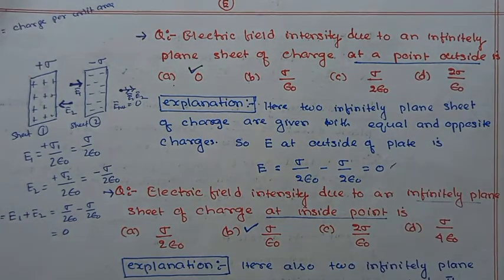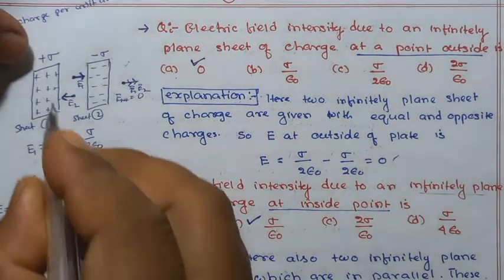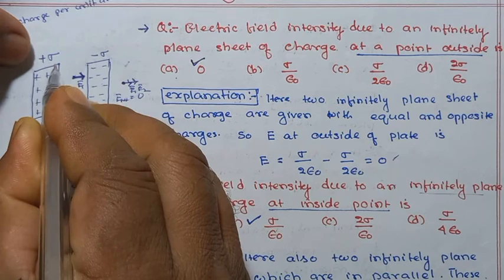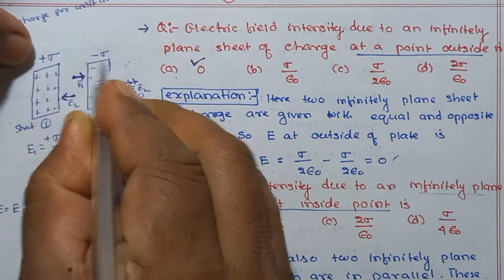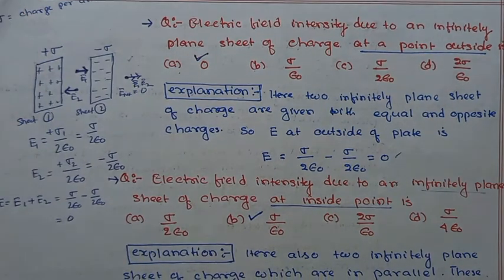That means the observation point, inside point, outside point comes when two infinitely plane sheets of charge are parallel to each other. ठीक है. So suppose this is one plane sheet of charge, this is another plane sheet of charge, and say both are given positive charge.